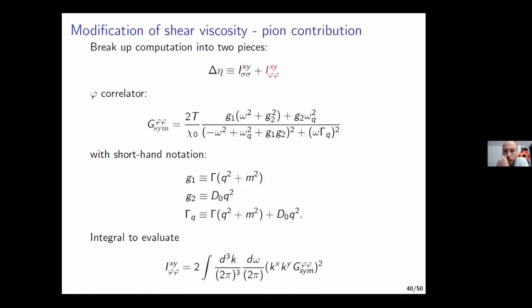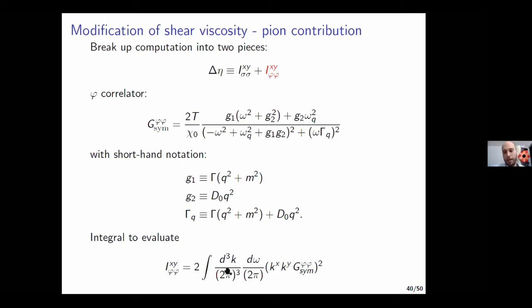Okay, and likewise, you proceed with the phase. So you have the phase correlator, the phi correlator, which is given here with these various coefficients, with these dissipative terms. So G1, G2, and there's this gamma Q as well, which is just the sum of the dissipative terms. This is the simple structure which appears.